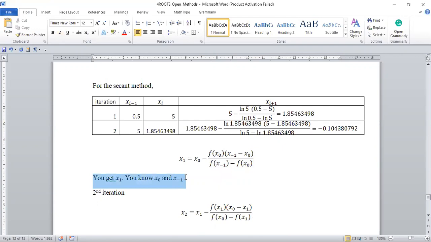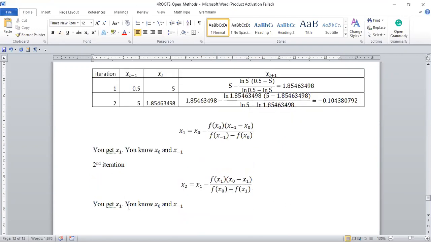For the second iteration, you get x2, then you know x1 and x0. So you keep on doing it like that.